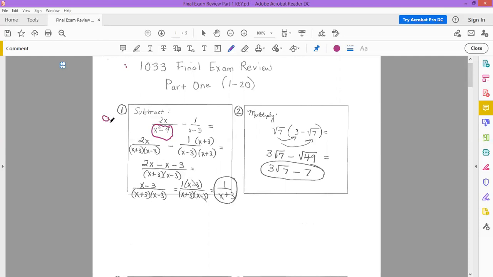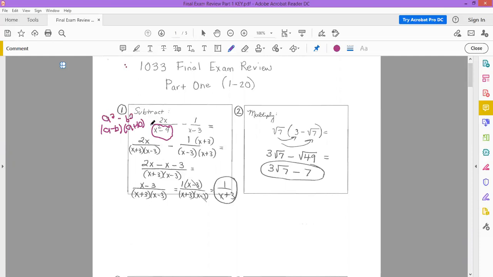Remember, when we have a squared minus b squared, where a and b are numbers raised to the second power, we factor them using a minus b and a plus b. So you first have to figure out what your a and b terms are.